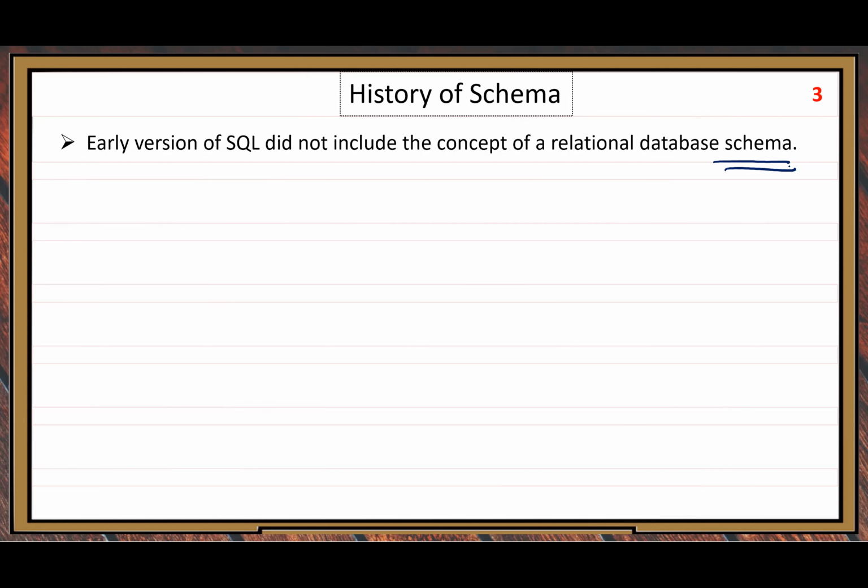So they didn't organize their tables based on schemas, where one schema corresponds to one database. At that time, all tables were considered part of the same schema. You can see things were quite messy.